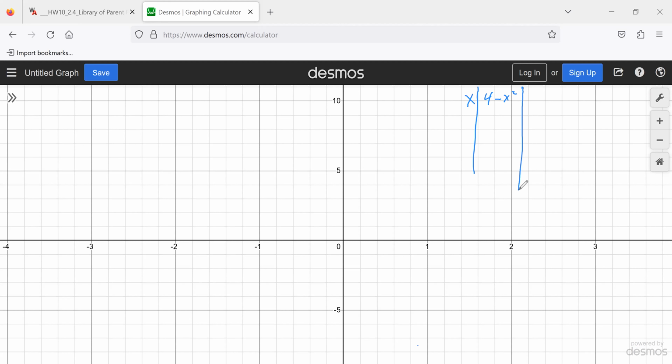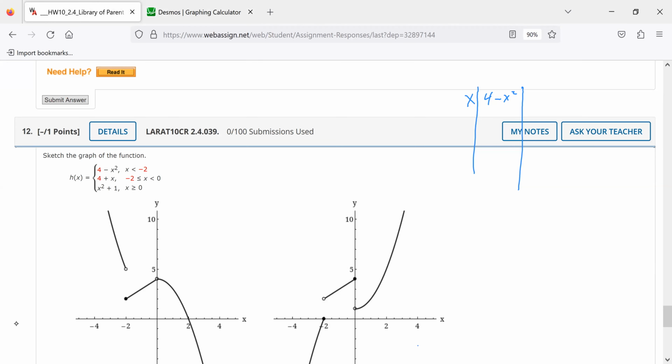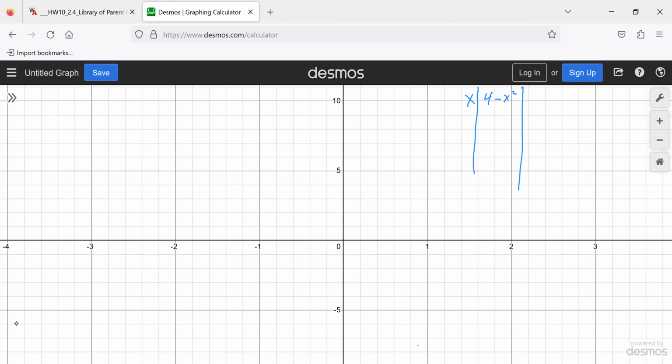The next one was, I forgot, 4 plus x and x squared plus 1.